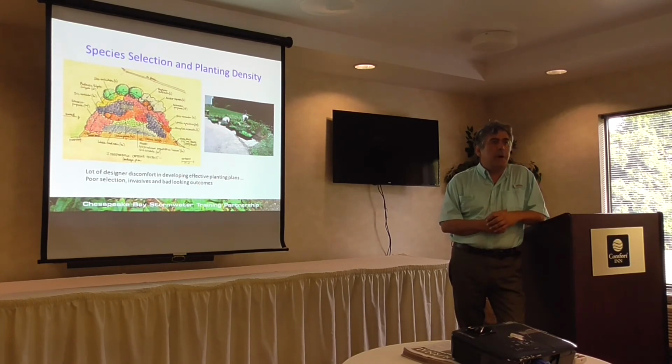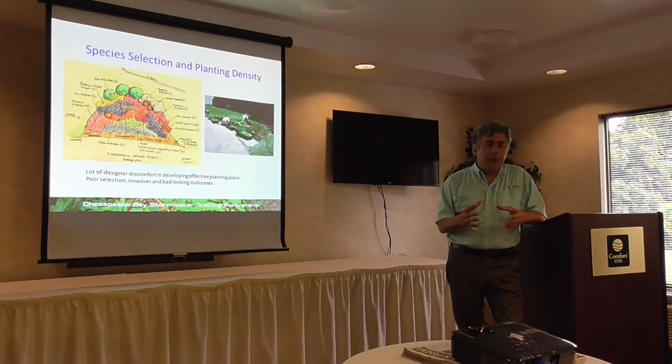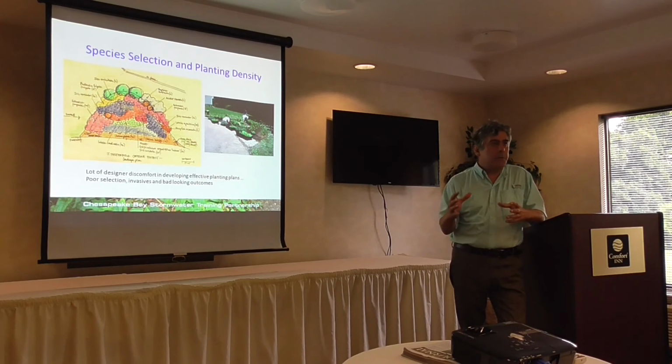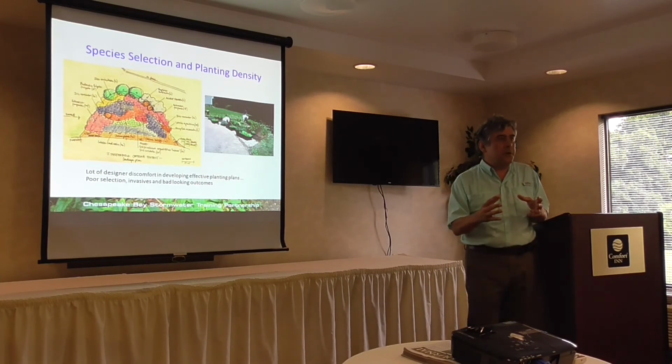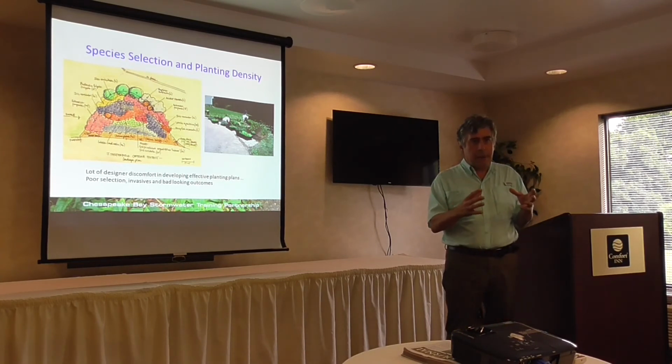And in the ecology area, there's a lot of research about disturbance areas and invasive plants. They find that invasive plants are most common where there's a lot of disturbance. And what is a bioretention area but a lot of disturbance?